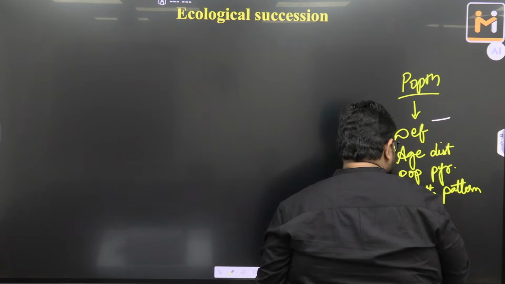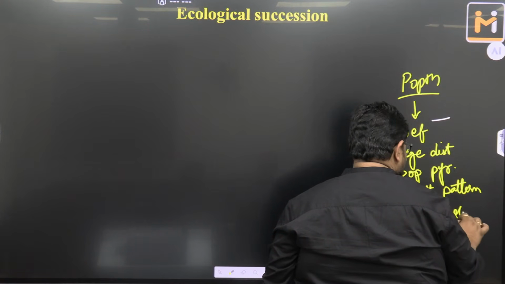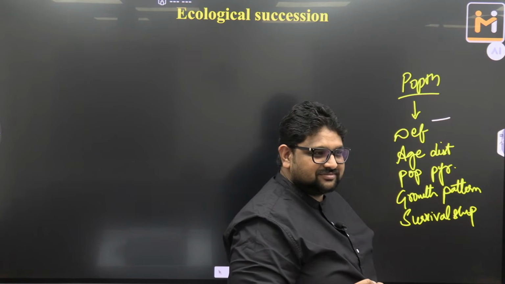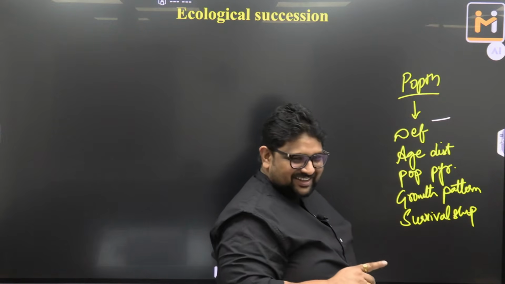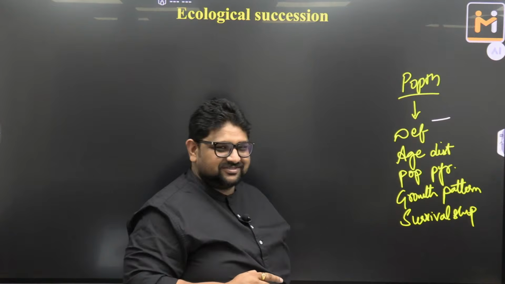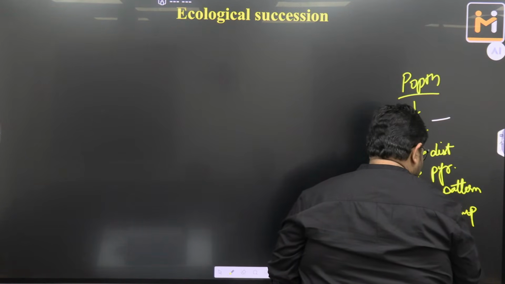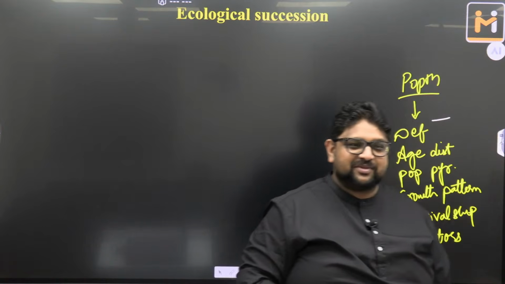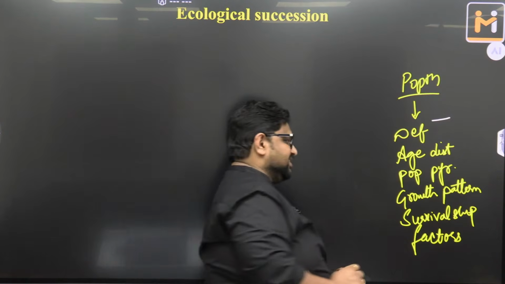Then survivorship curve. Then there is one thing which we saw, factors affecting population growth: fertility, fecundity, mortality, immigration, then density.